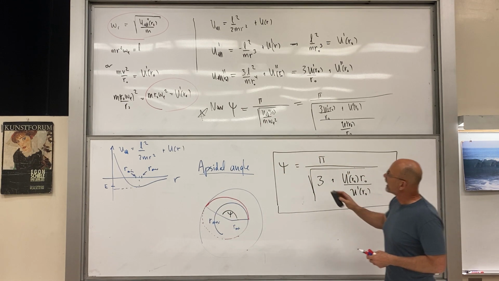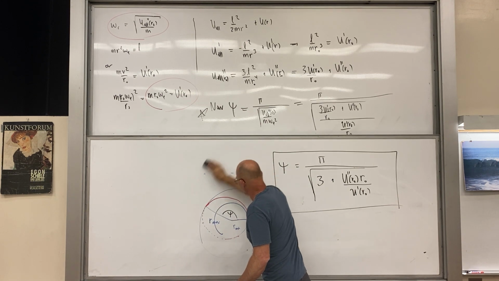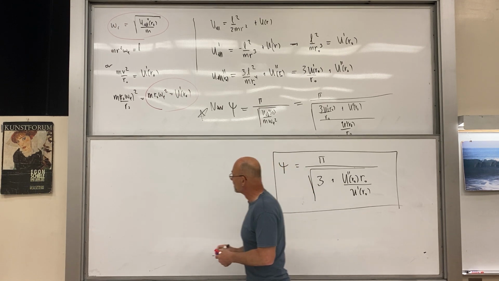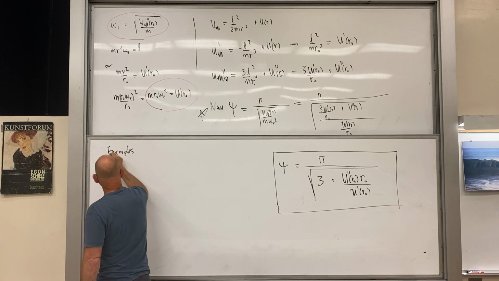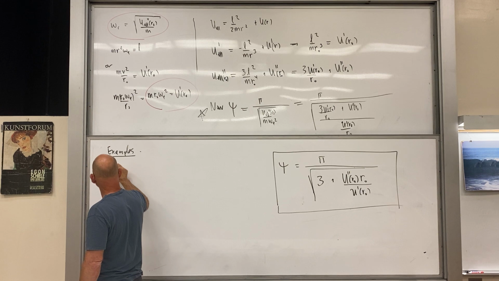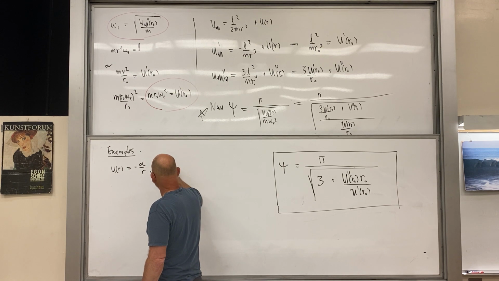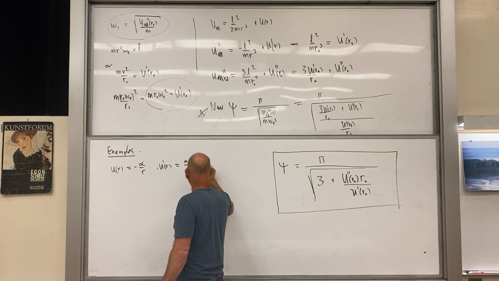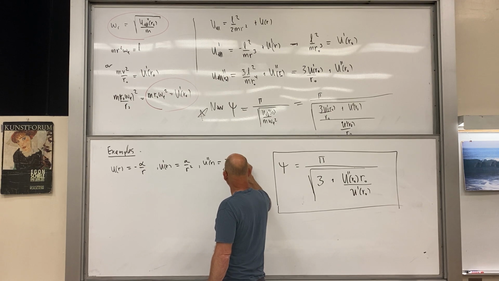Okay, I'm going to go ahead and erase this and we'll do a couple of examples. Since there are two that we've specifically looked at, u of r is equal to minus alpha over r. U prime of r equals alpha over r squared. And u double prime of r is equal to minus 2 alpha over r cubed.